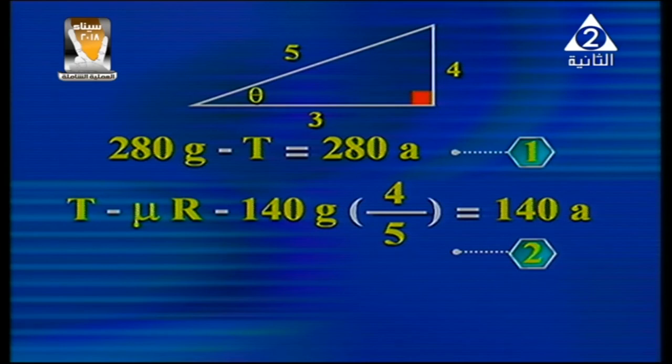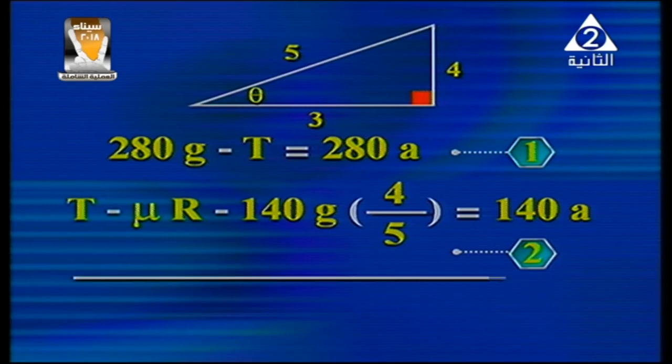Remember, dear student, we have two equations of motion. The first is 280 g minus T equals 280 a. This is number 1. Number 2: T minus mu R minus 140 g times 4 over 5 equals 140 a.